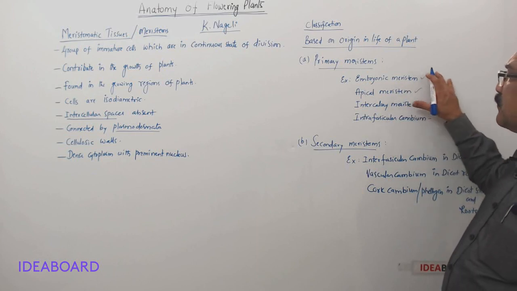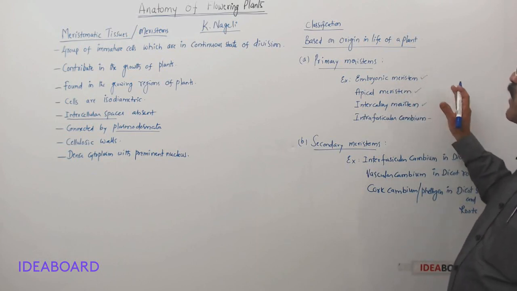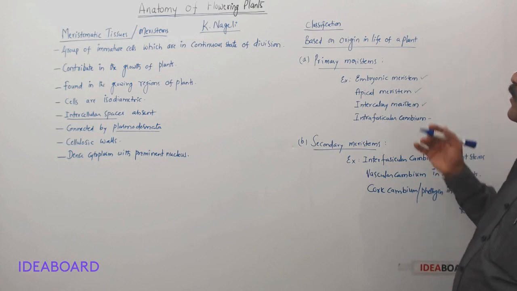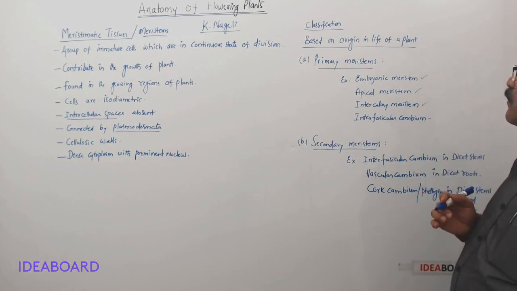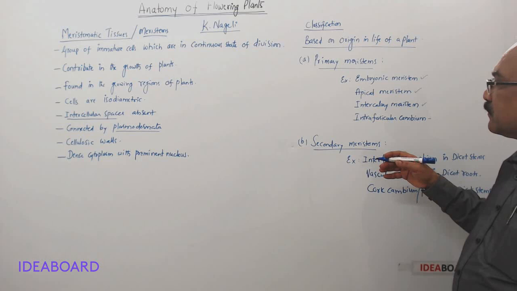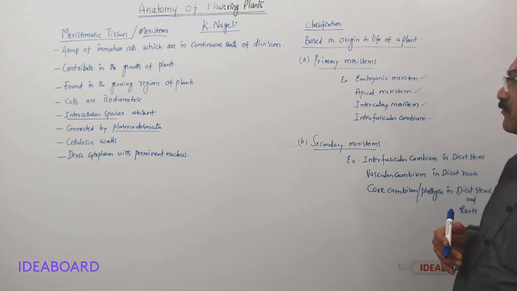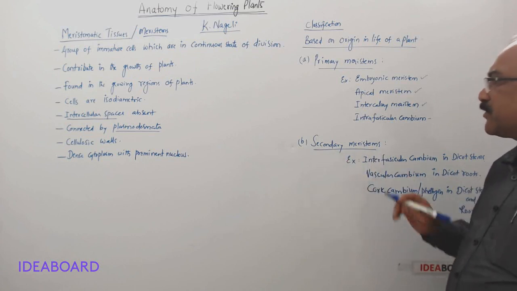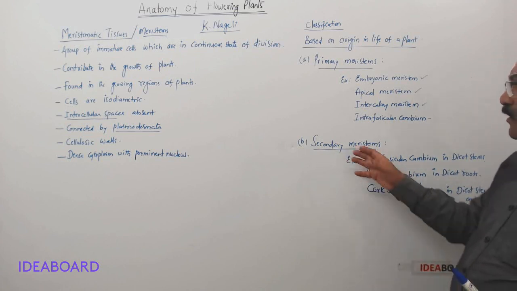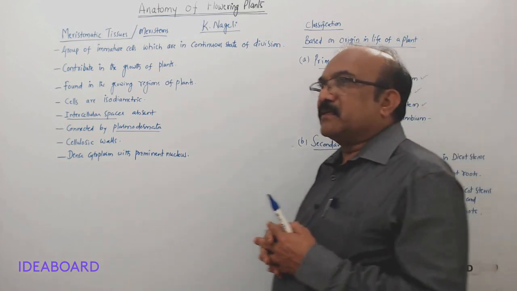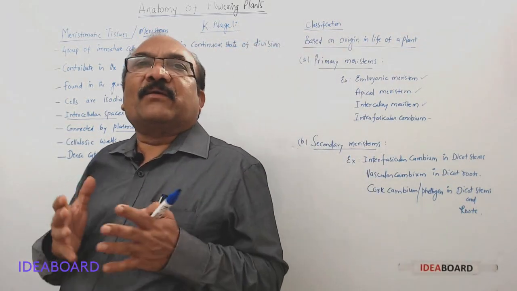So all these examples you will find at the time when the plant is growing. And at a later stage, you will find these secondary meristems. The secondary meristems are formed at the time of secondary growth.